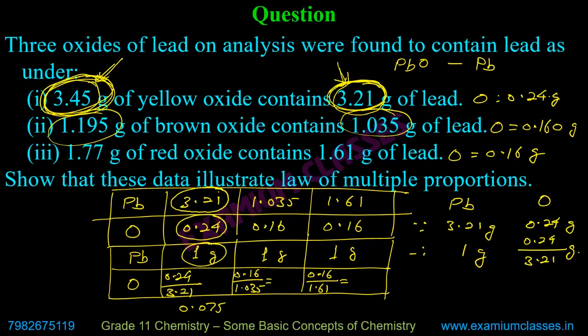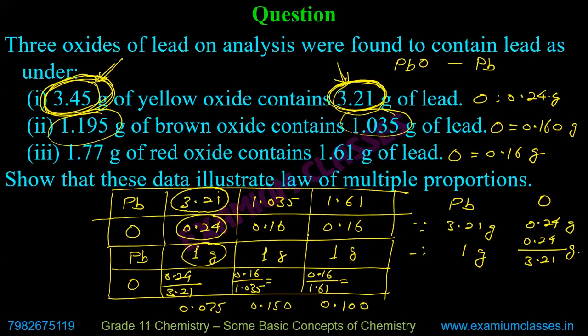Then 0.16 divided by 1.035, you get 0.15. Say we have three decimal places here. Then 0.16 divided by 1.61. I get 0.0999, so it is actually 0.10.